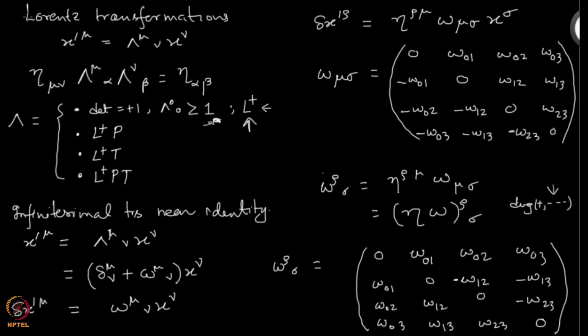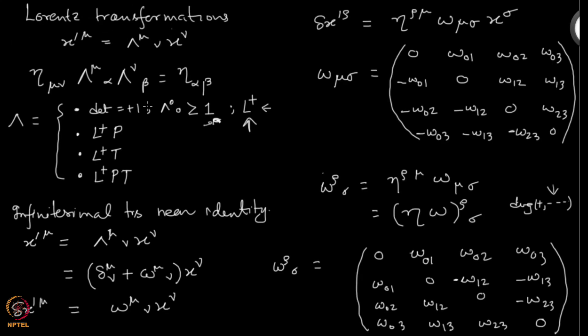So I can write the matrix omega rho sigma as the following. This is fairly trivial, but let me nevertheless write it explicitly and bore you a little.